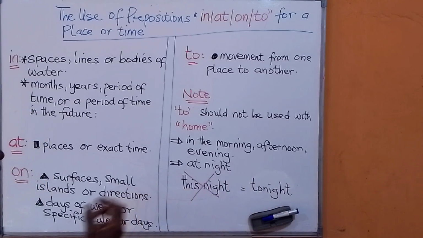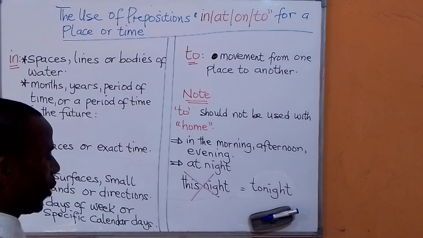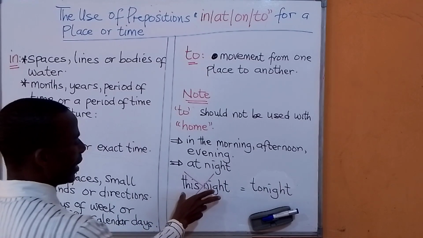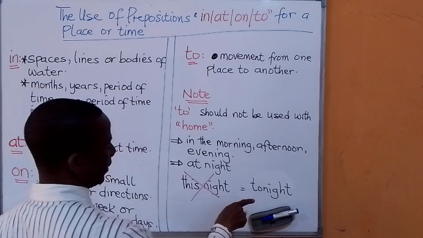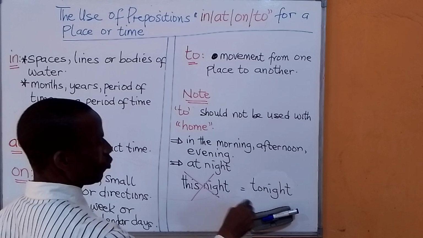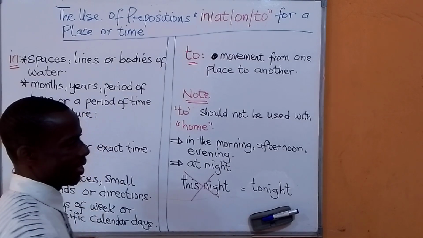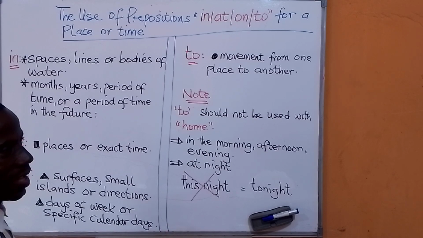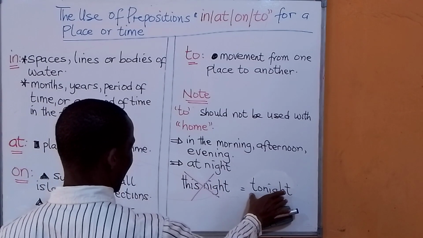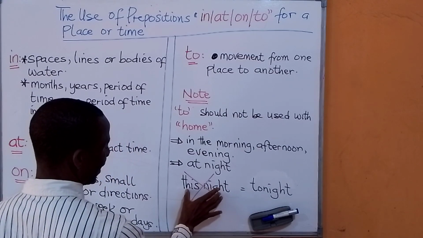They are coming at night. She will meet us at night. Warning also, in English generally, we don't say this night. Instead, we say tonight. Tonight is today's night. She will see me tonight. I will visit them tonight.